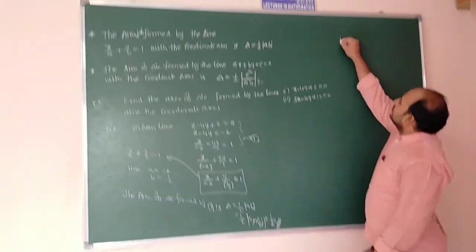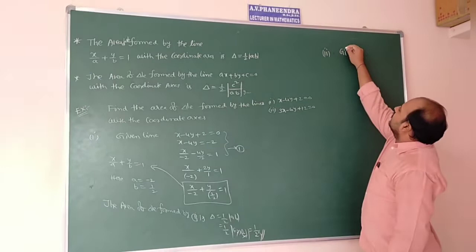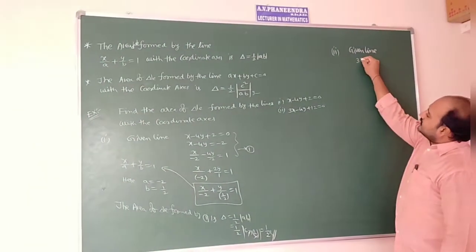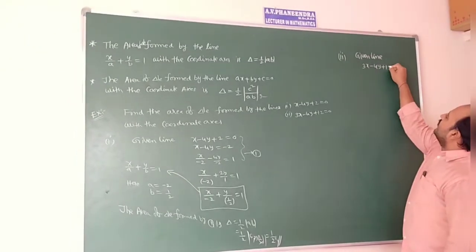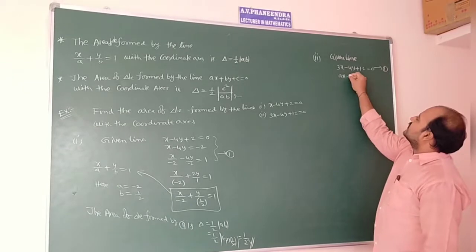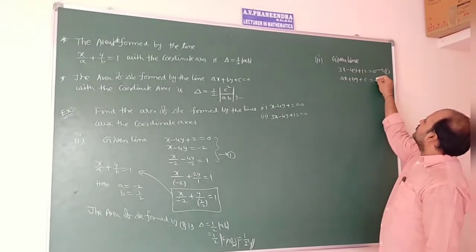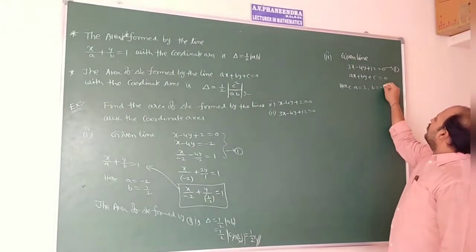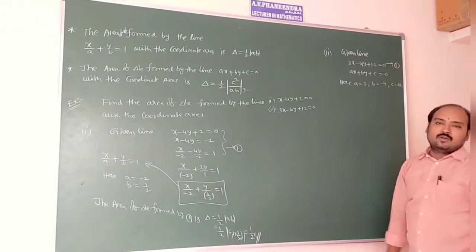In this second question, given line 3x minus 4y plus 12 equal to 0, equation number 1. Comparing with ax plus by plus c equal to 0, here a is equal to 3, b is equal to minus 4, c is equal to 12.